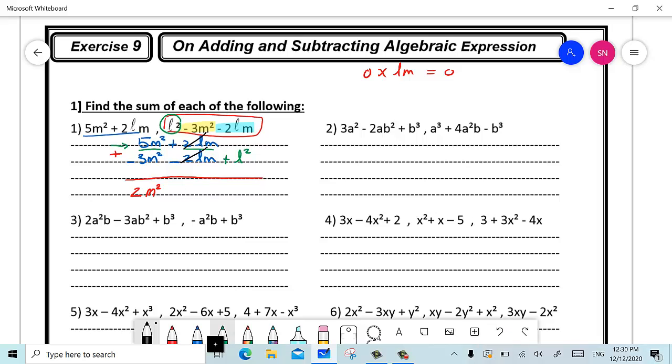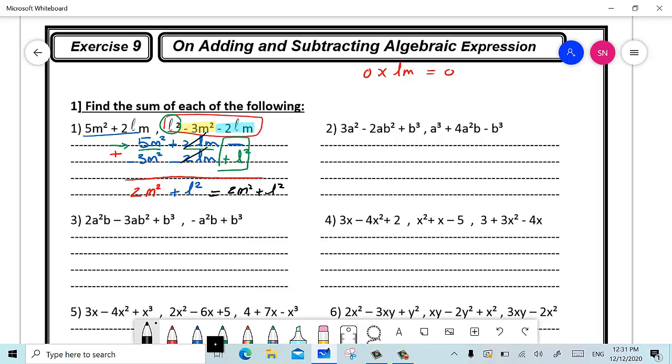And as we can see again, I have here a term that has nothing like it in the first expression. So exactly as if I'm saying 0 plus L squared, this would be equal to positive L squared. So now my final answer for adding those two expressions is 2m squared plus L squared.